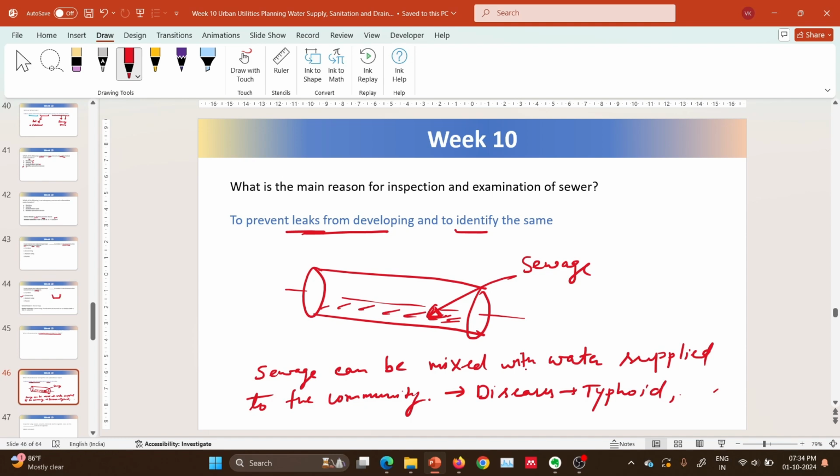So that's why we need to check the sewers for leakage and identify if any faults are there, like some sediments are stored. So that's why inspection is done.